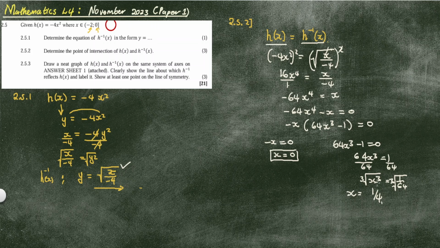I'm a little worried because x is an element of minus 2 to 0 included. That's our domain. But instead of a negative x, I'm getting a positive x value. That is concerning, but it's something we shouldn't worry about, because of this cube root.